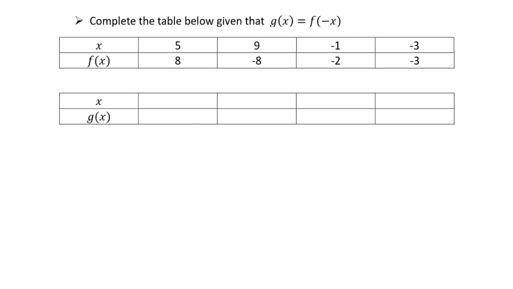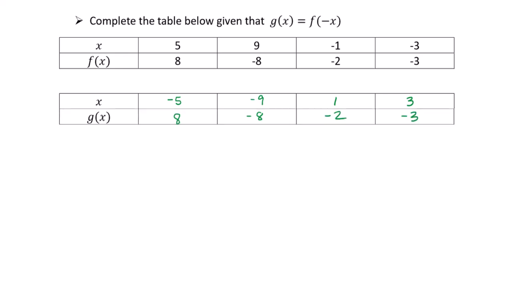What happens here is that we end up with the opposite of the x values that we had before, and the y values will be the same. And in this way, it is a reflection over the y-axis.